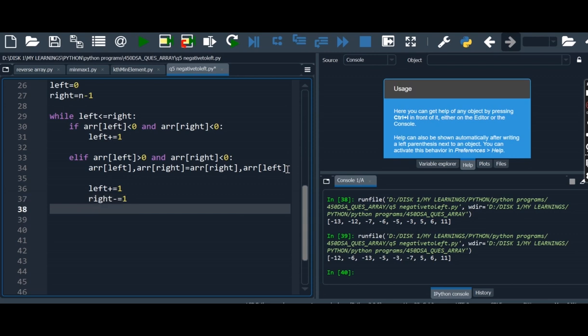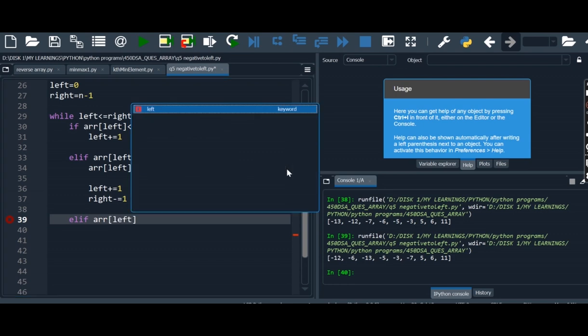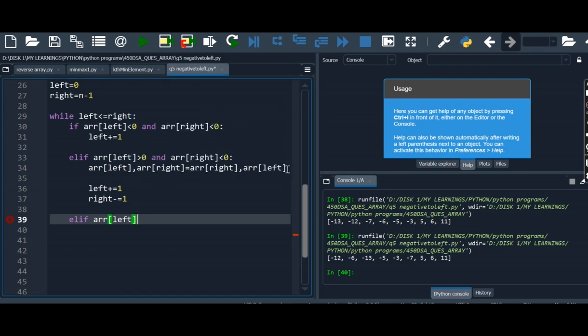Then what other case can be? Else if the value at left index is positive and the value at right index is also positive, we will be decrementing the right index.